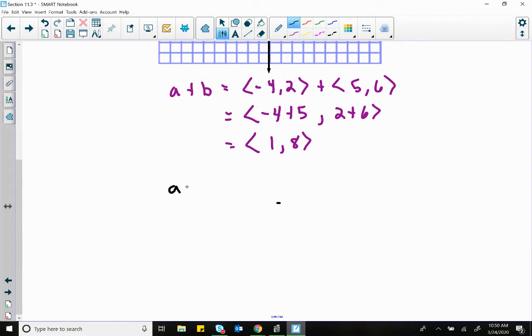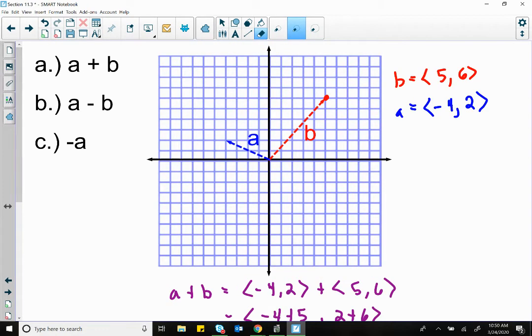Okay. All subtraction is plus an opposite vector. Opposite vectors are very, very easy to deal with. All you do is switch the number signs. That's an opposite vector. You're changing the direction.